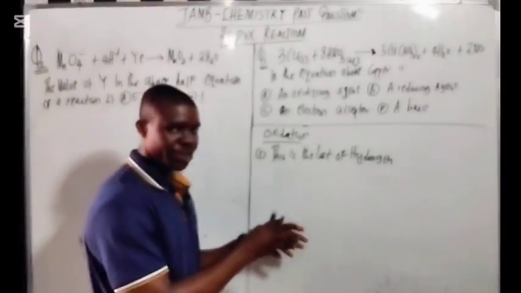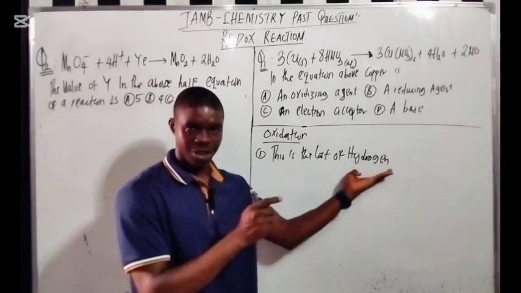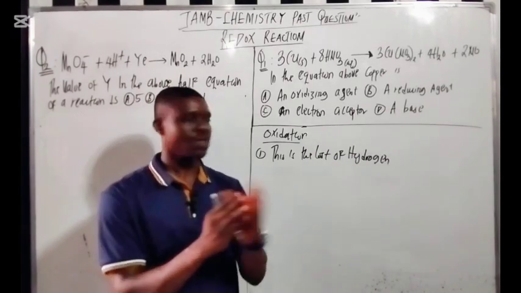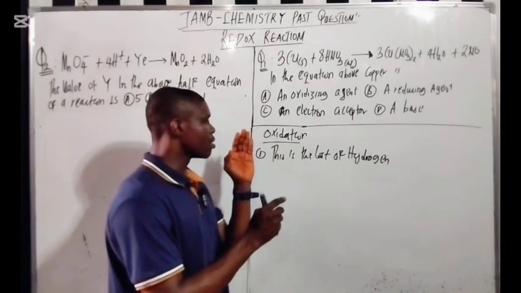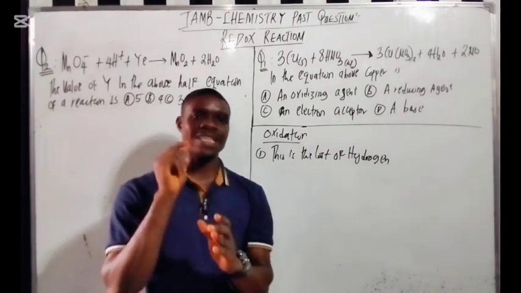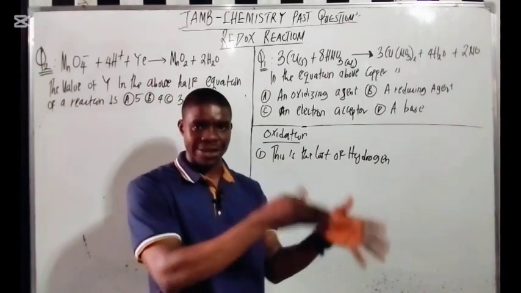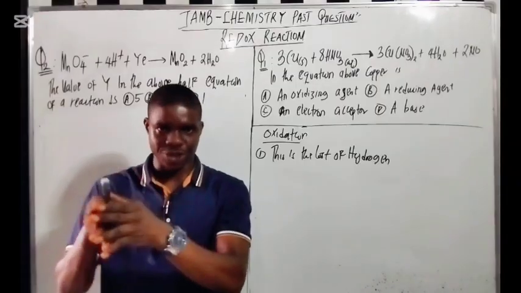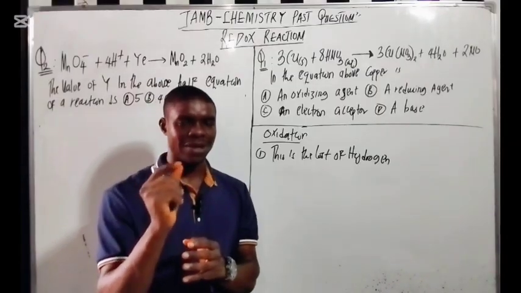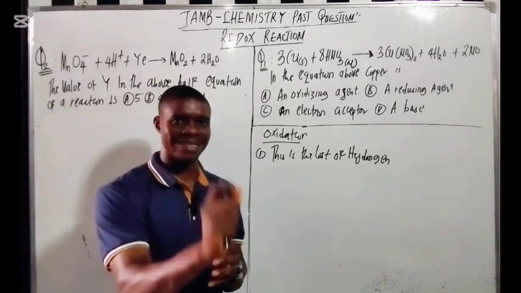Whenever a species loses hydrogen, or decreases in hydrogen, it is oxidation. That's what you need to understand here. So oxidation first is the loss of hydrogen or decrease in hydrogen.